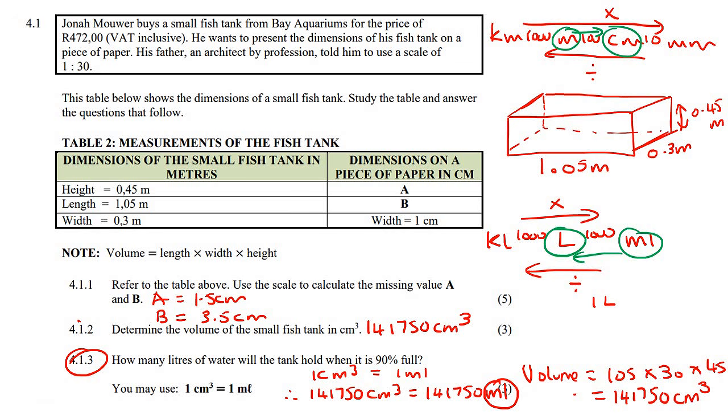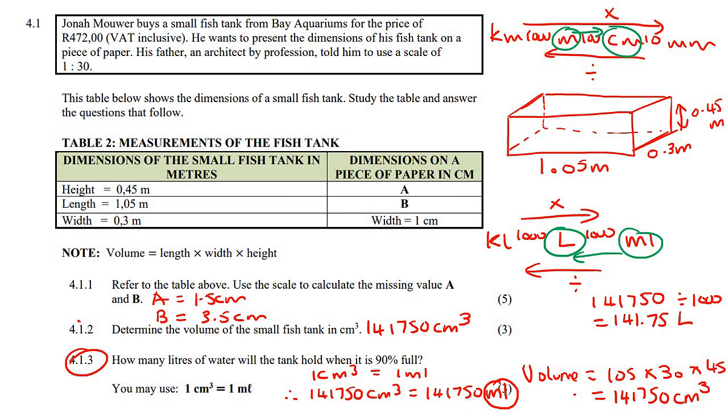So we will say 141,750 divided by 1,000, and that'll be 141.75 liters.